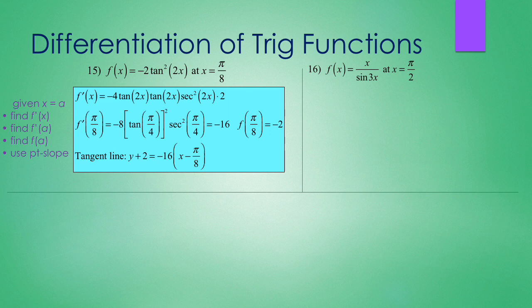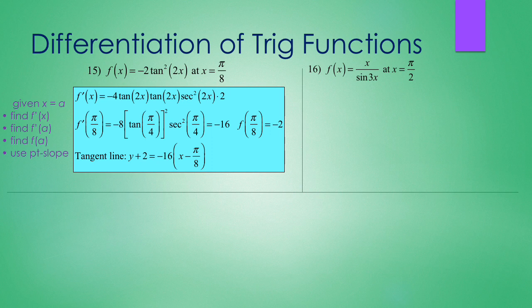And we get negative 4 tangent of 2x times the derivative of tangent of 2x, which is secant squared of 2x times 2. At this point, we can plug the pi over 8 in, and we get negative 8 tangent of pi over 4 quantity squared, secant squared of pi over 4, and all of that turns out to be negative 16.